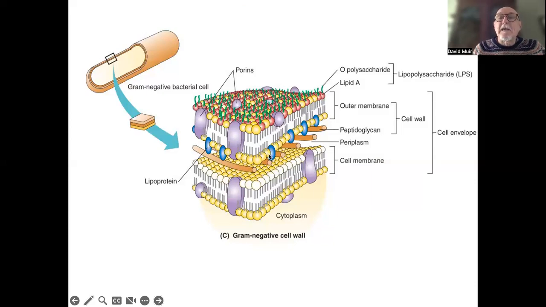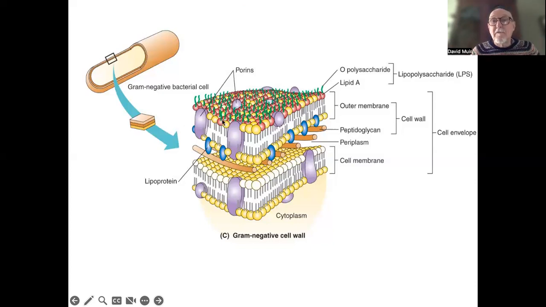And it has the same kind of molecules with lipid fatty acid tails and water-soluble heads. But these lipids are rather strange in that they have associated with them extensive sugar groups. And we call these lipids lipopolysaccharides.